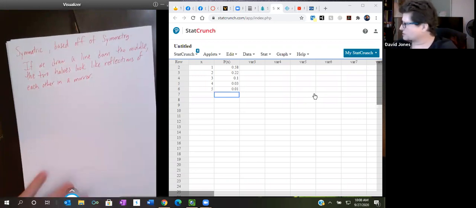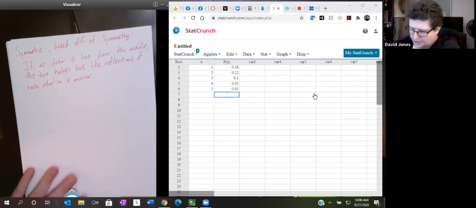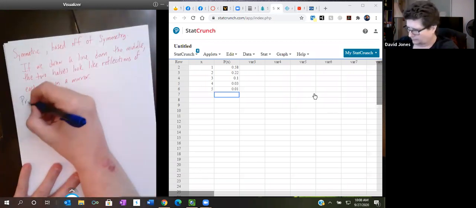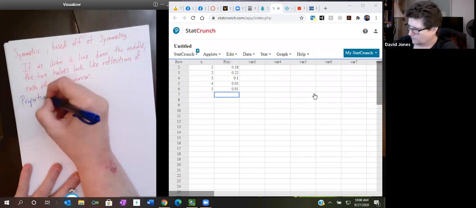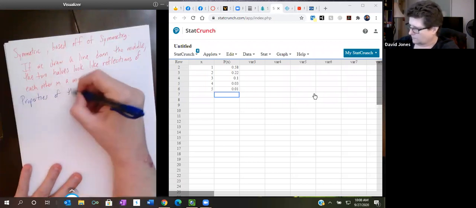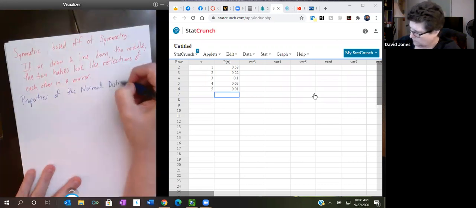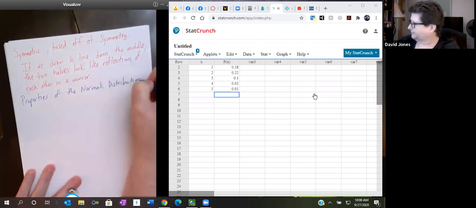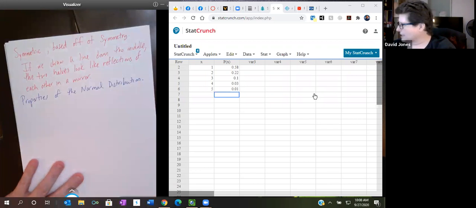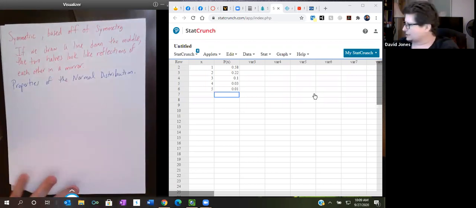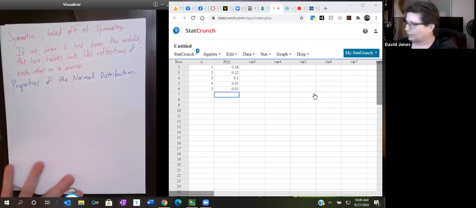And the normal distribution has several properties. So let's talk about the properties of the normal distribution. And this holds true for the standard normal distribution of 7.2. But the standard normal distribution has a little bit more going on.